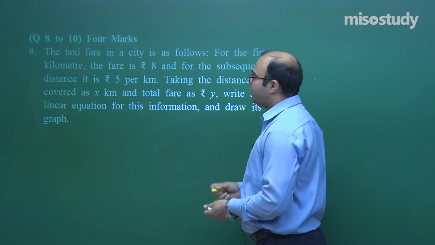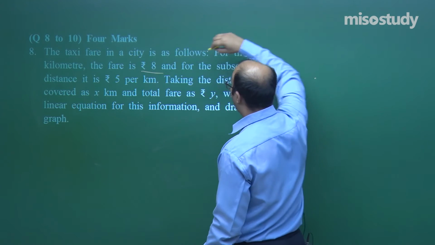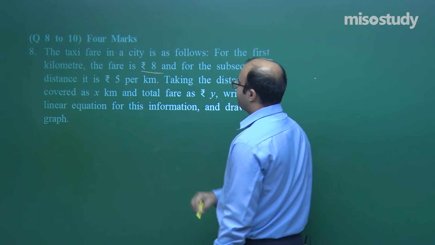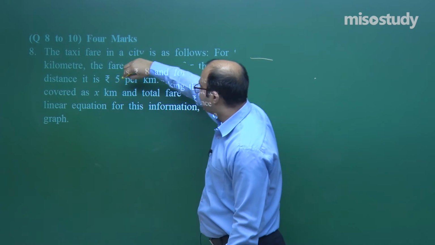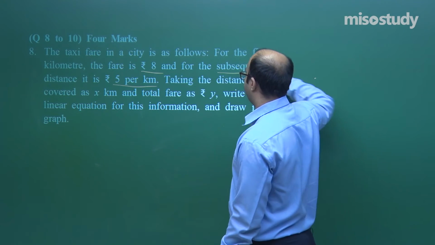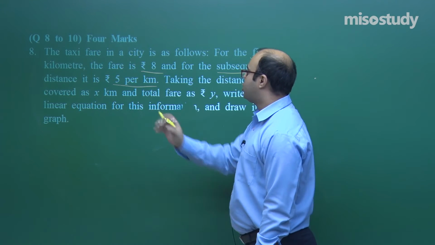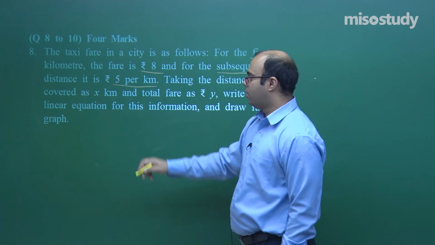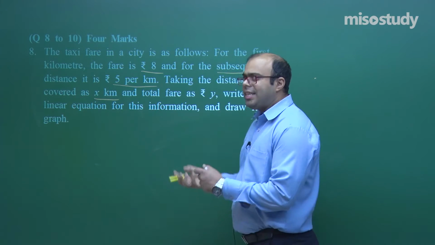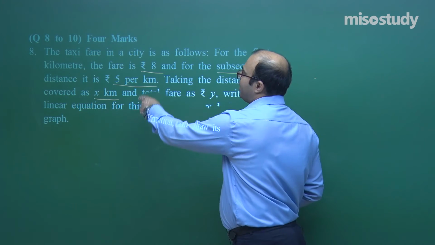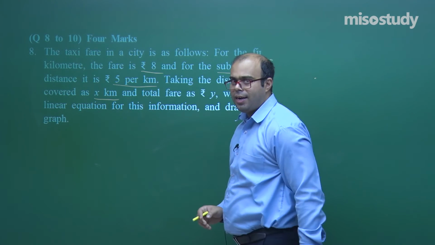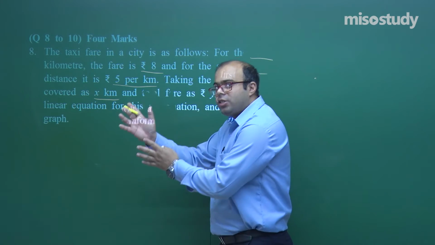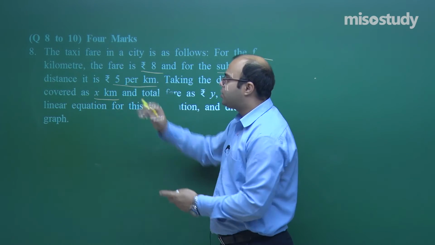Here the information is that the first kilometer costs rupees 8 and for the subsequent distance it is rupees 5 per kilometer, and we are given x kilometers that the person has covered. So, out of this x kilometers, for the first kilometer he was travelling at rupees 8 and for the other x minus 1 kilometers he is travelling at rupees 5.